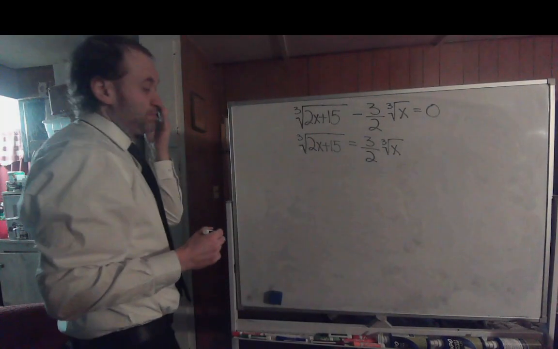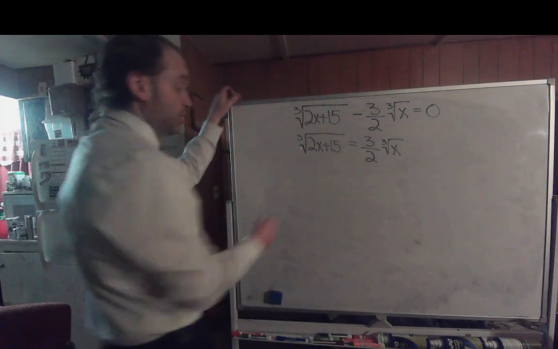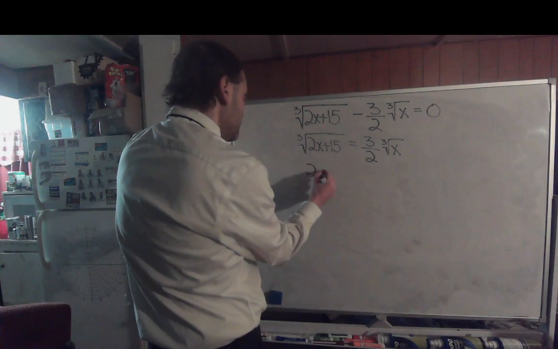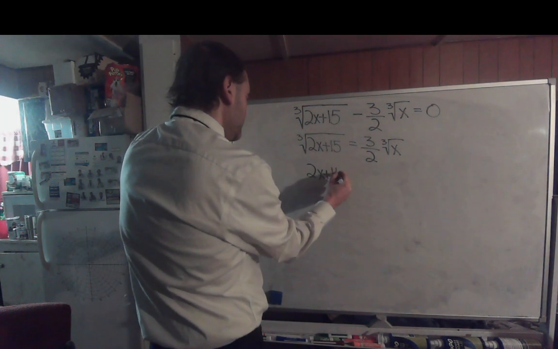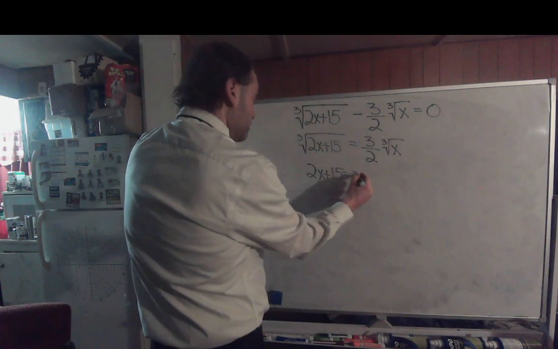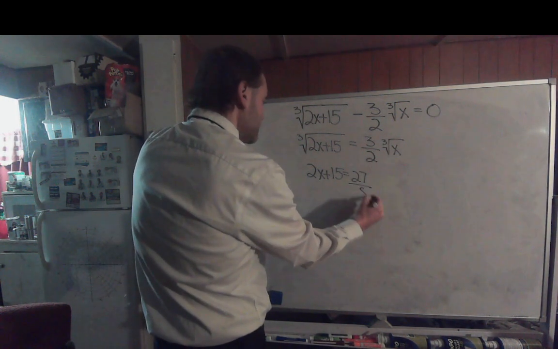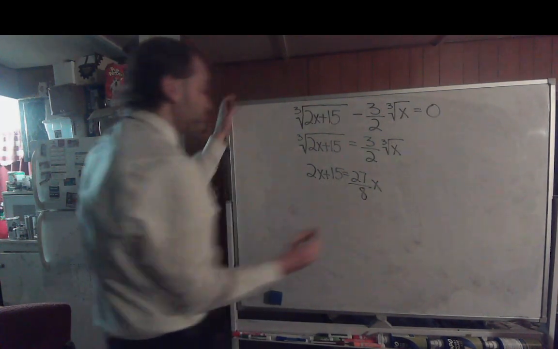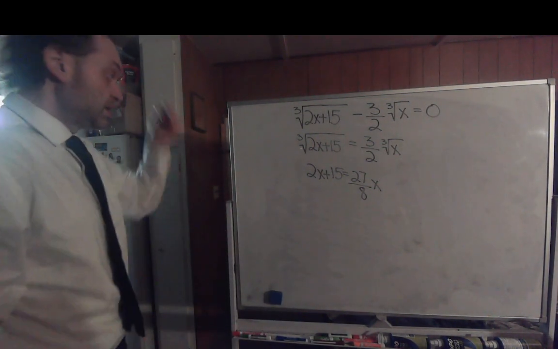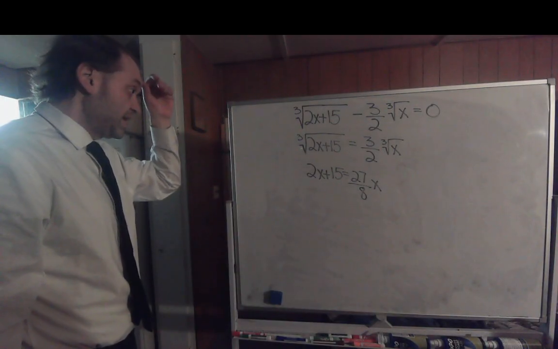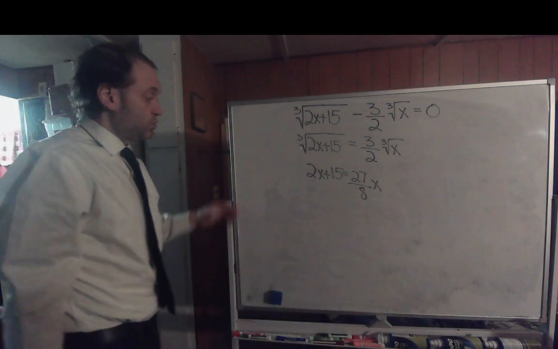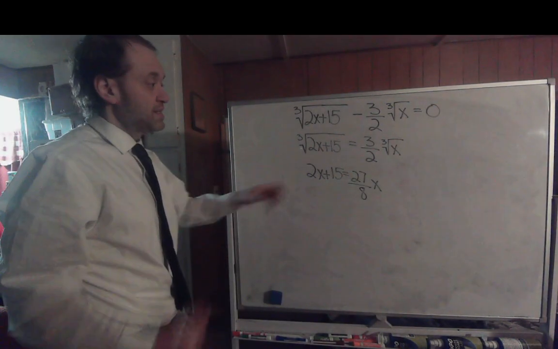Now we just raise both sides to the third power. If you do that, you'll get 2x plus 15 would equal 27/8 x. Alright, so now let's simplify this here. So 27 minus 16 is 11, okay?